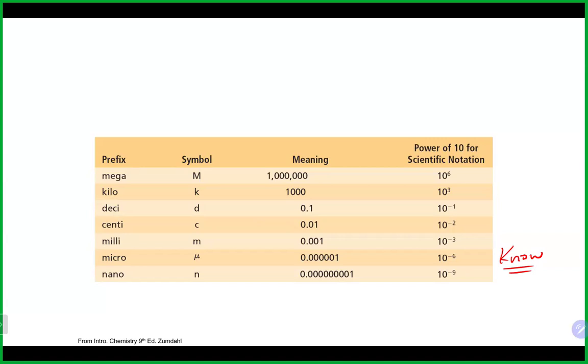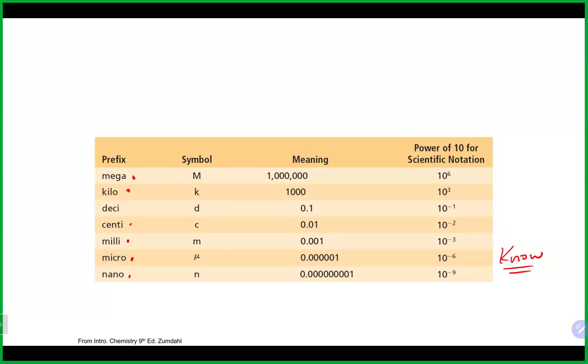But for us, we will hit kilo, centi, milli a lot of times. We don't come across nano and micro too much, but as you go to 1A, for example, you will hit those as well, and mega. So this is just a good table to know. These are the prefixes used for a lot of units and measurements.